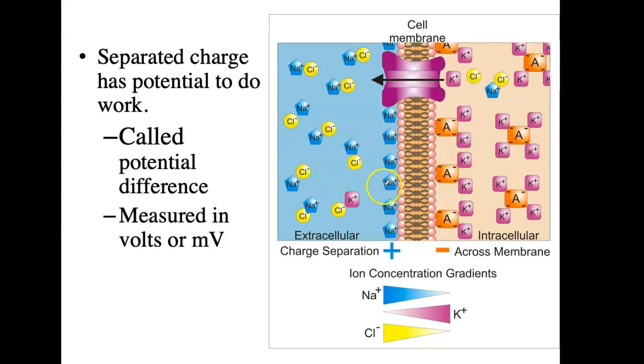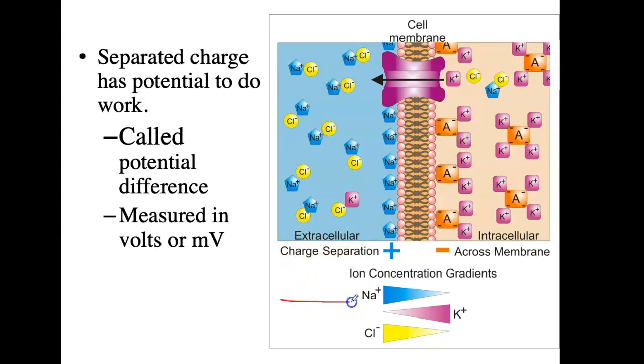You have many sodiums out, and they'd like to diffuse in. But if we keep it that way for a little bit using ATP, you're going to create what we call a potential difference. You have a certain amount of charge on one side, a certain amount of charge on the other, and you're keeping it that way on purpose. That is measured in volts, the difference between area A, let's say, and area B. And you're creating that gradient of these different ions.